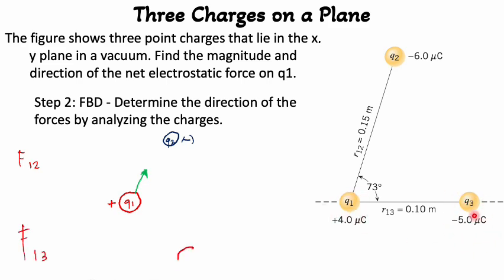So, we are expecting that Q1 is going to be attracted also to Q3. Let's treat them individually first. So, we have two free body diagrams for F12 and F13.